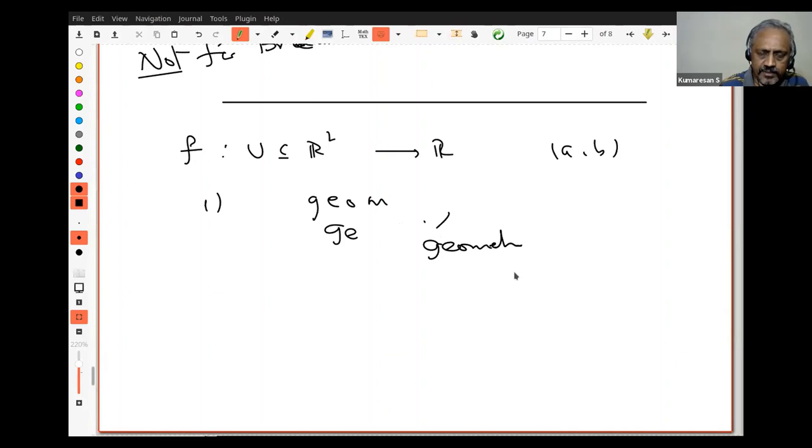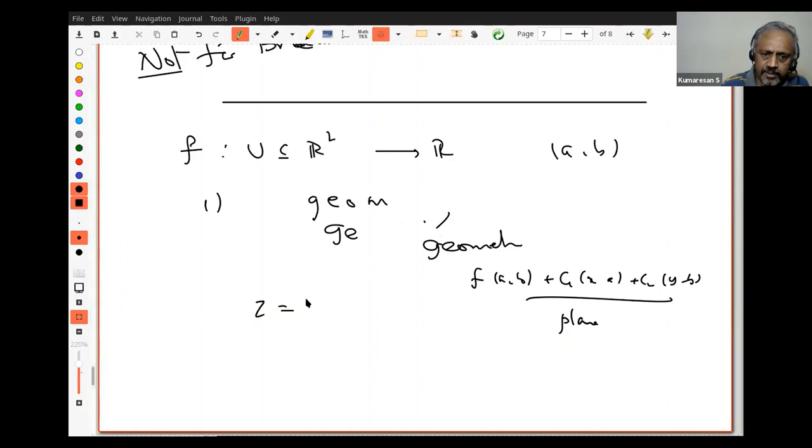Geometric interpretation. That is what I wrote: f of (a, b) plus C1 times (x minus a) plus C2 times (y minus b) is the equation of a plane which approximates the graph z equals f of (x, y) around the point (a, b). That is the geometric interpretation.